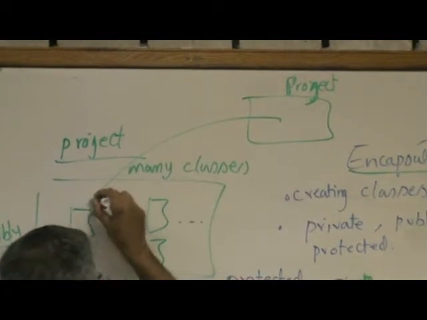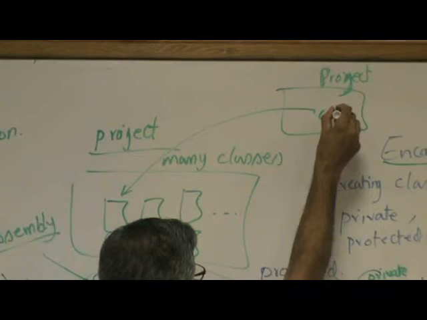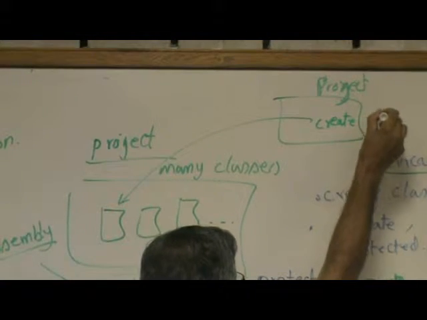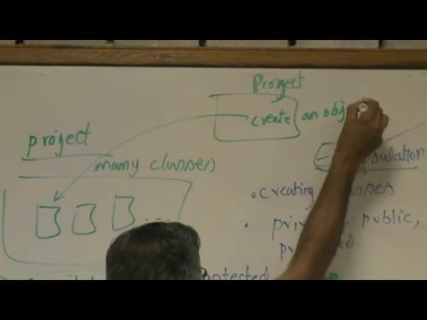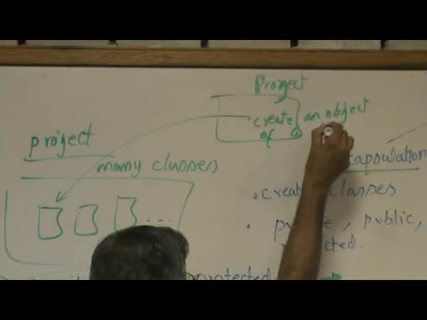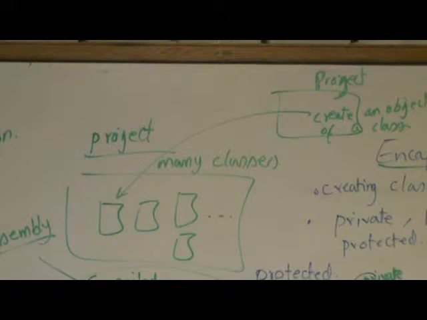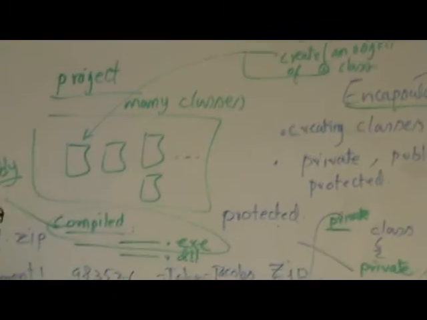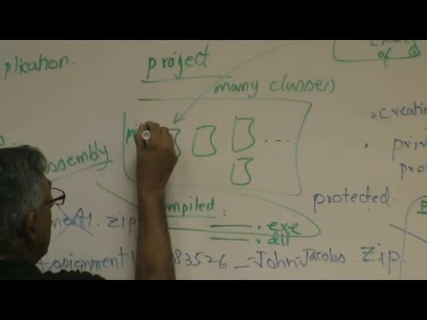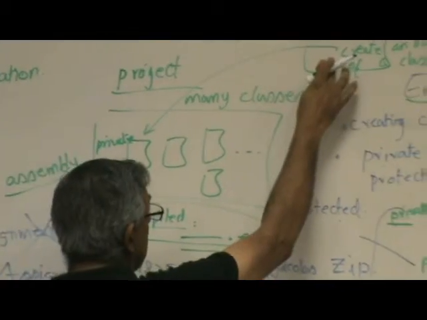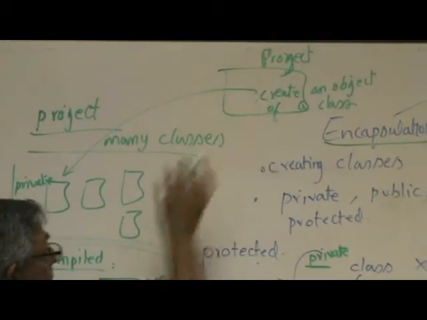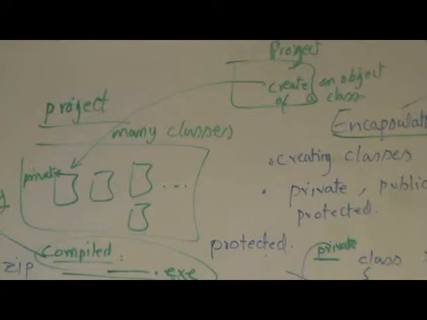What if it wanted to access and create an object of this class, a class which is declared in a different assembly? If it was marked private, what will happen? Will we be able to create an object of this class in a different project or a different assembly?